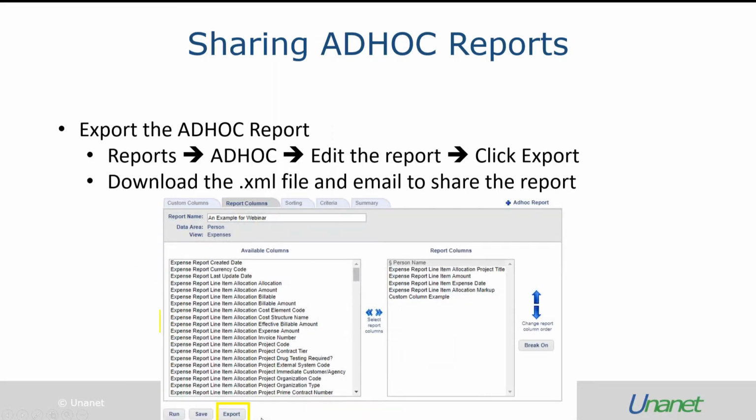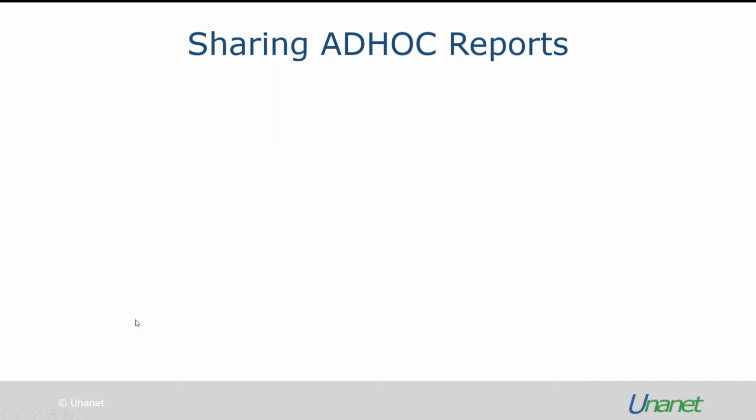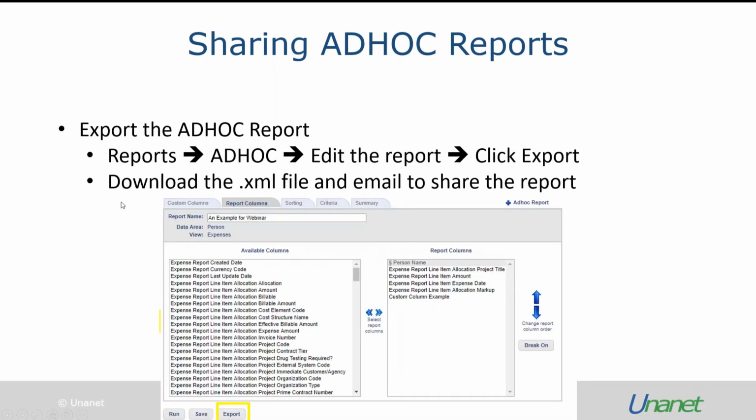When you get to that edit, down at the bottom, there is a little button that says export. If you click on that, it actually creates a .xml file. That's the extension on the file.